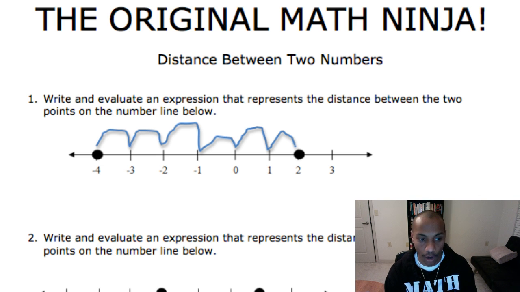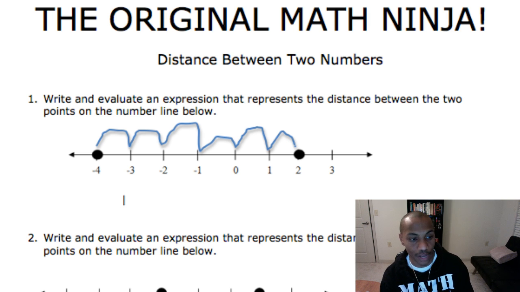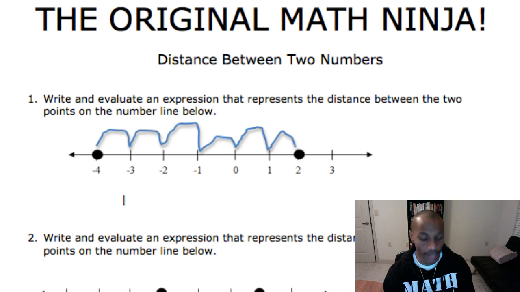I can take the absolute value of the difference between the 2 points. So I'm going to put my absolute value sign here, and I'm going to start with my first point, which I'm going to put in parentheses. That's going to be -4. All right, and I'm going to find the difference between the 2 points.